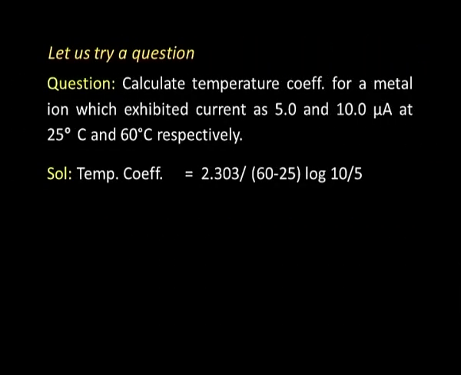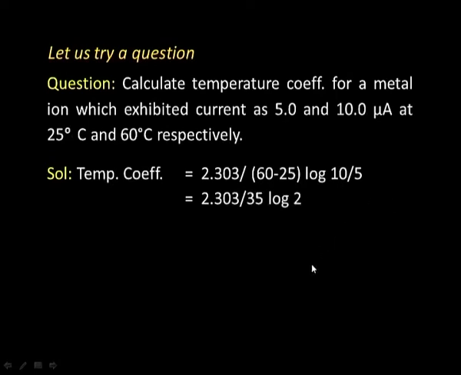Let us try a question. Calculate temperature coefficient for a metal ion which exhibited current as 5 and 10 microampere at 25 and 60 degrees respectively. The solution is, we know temperature coefficient is equal to 2.303 divided by 60 minus 25, the temperature difference, times log 10 by 5.